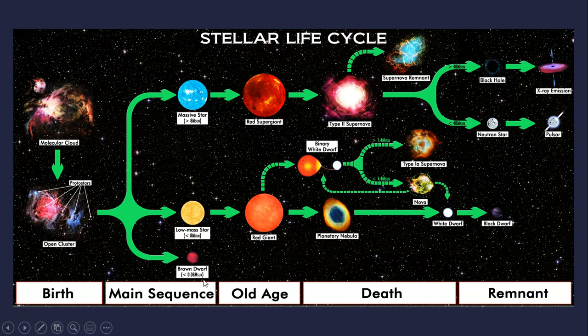They will make a brown dwarf, which is similar to just a really hot planet. And then you'll see there's different types of supernovas. You don't need to know all this, but I did want to show you this picture just so you had an example of what I'm looking for in the star life cycle diagram assignment. Let me know if you have any questions about that.